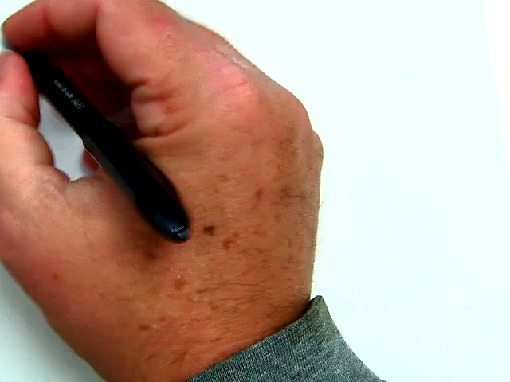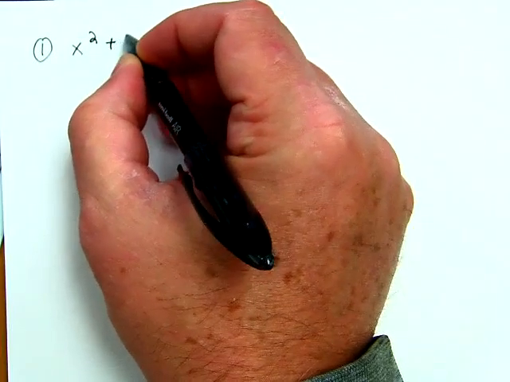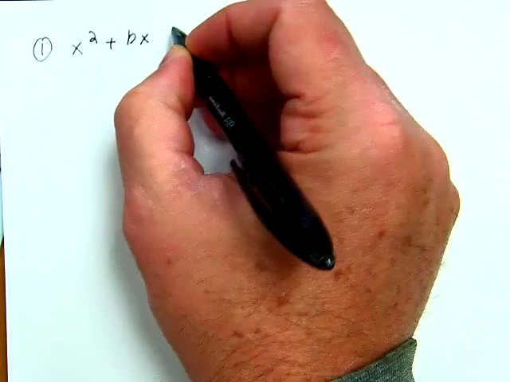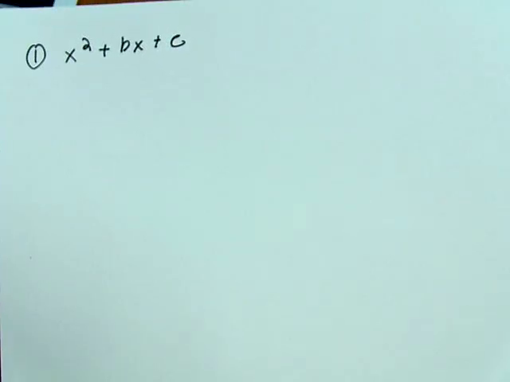We have example 1. What happens in example 1 when I have an expression in this format: x squared plus bx plus c?